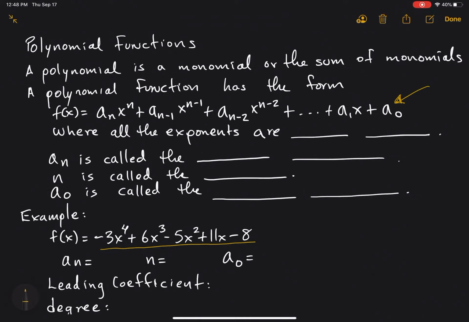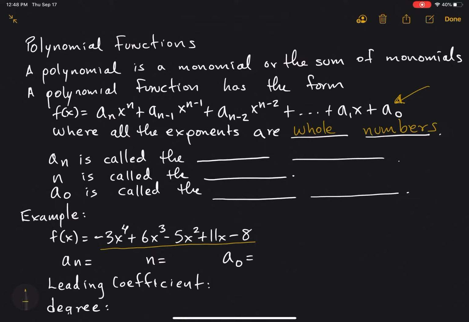In a polynomial, all the exponents are whole numbers. This is part of the definition of a polynomial function. That means there are no decimals, no negatives, no fractions, and no irrational numbers like pi or the square root of 2.